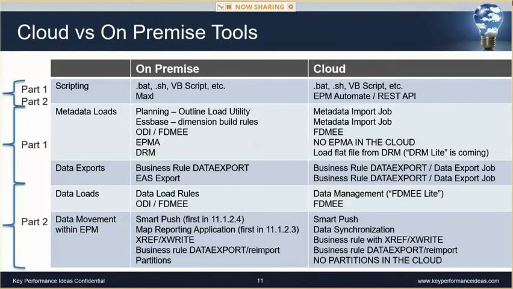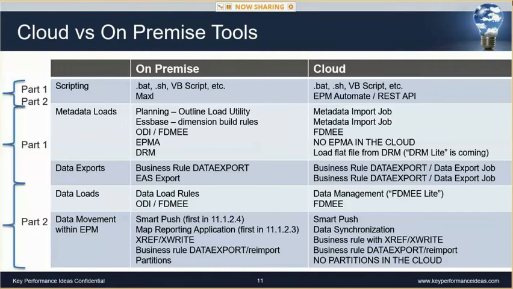On-premise also has something called Map Reporting Application that was first available in 11.1.2.3, which is kind of similar to Smart Push. In the cloud, there's something similar called Data Synchronization, which is part of Data Management. The difference is that it can be scheduled, and Data Synchronization is better for large amounts of data, while Smart Push is better for smaller amounts of data, where you're just going from what's being selected in a form and pushing that.